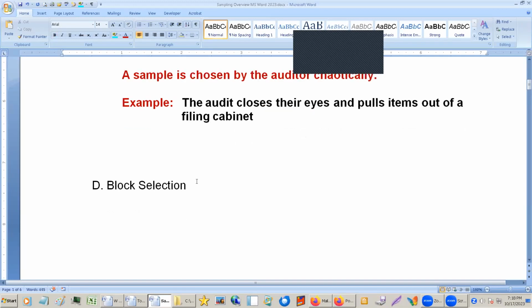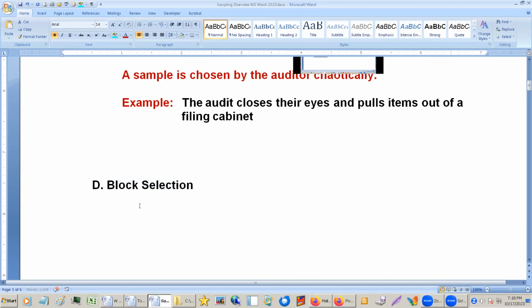Okay. The last one that we'll talk about that we can do is when an entire block, and this is the worst one, by the way. There's a saying that block selection is for blockheads, but getting personal about it.